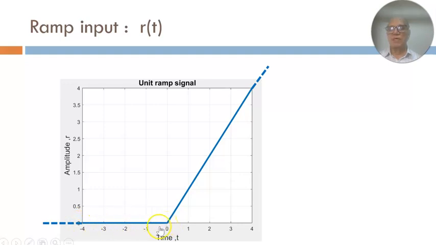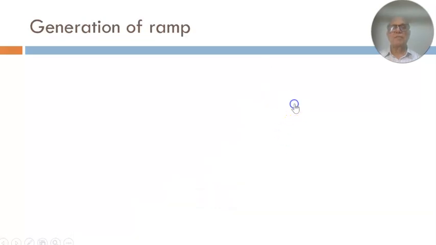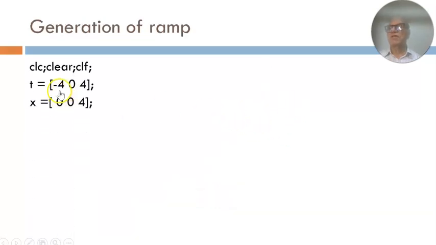So this is 1, 2, and this is the third point, which of course means that you will have 2 lines. All right. So we have 3 points, as I said, t equal to -4, x is equal to 0, t equal to 0, this is 0, and then it increases linearly up to 4. So at 4 seconds, it reaches the amplitude of 4.